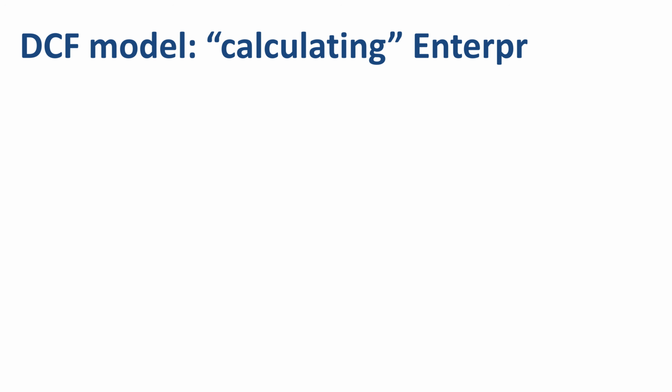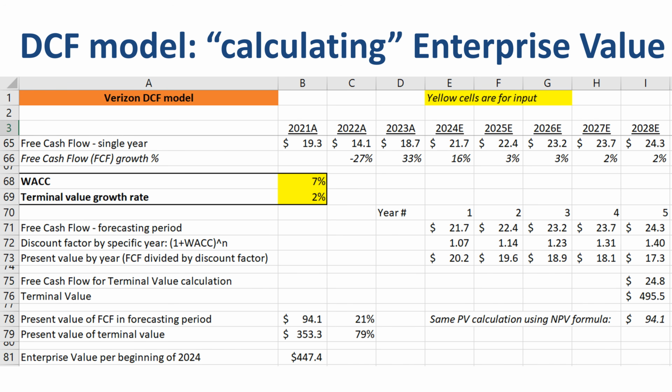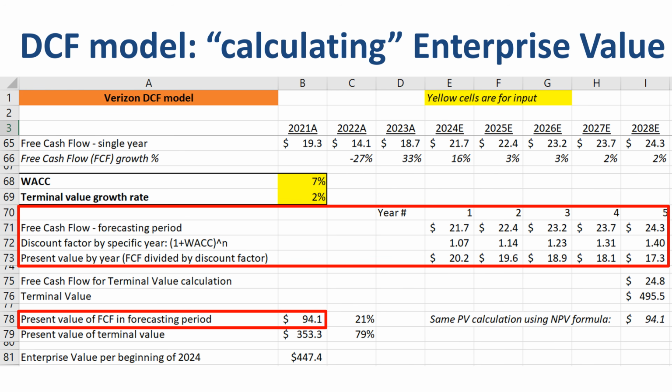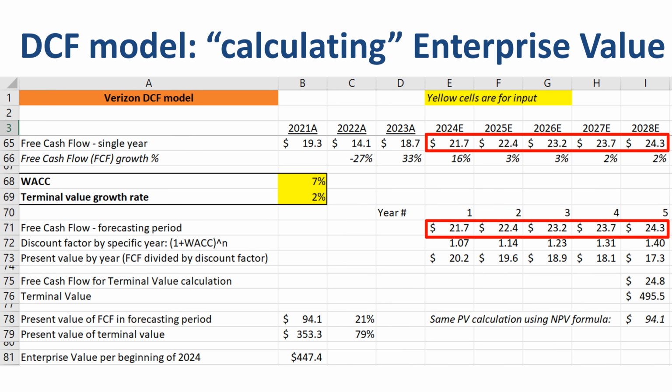Let's translate the free cash flow estimates into a DCF valuation target share price. We continue to use the 7% WACC that we used earlier. First, we calculate the present value of the free cash flows in the 5-year forecasting period. Here's how that works. The free cash flow estimates in the valuation are linked one-to-one with the free cash flows in the forecasting model above.